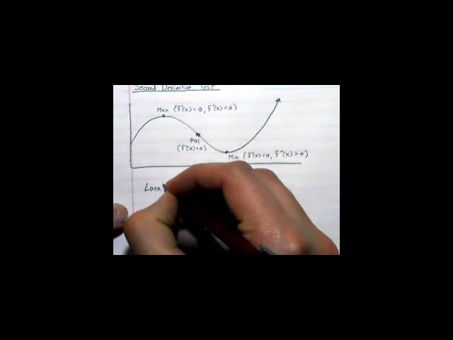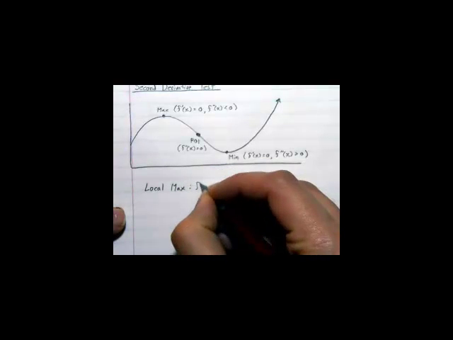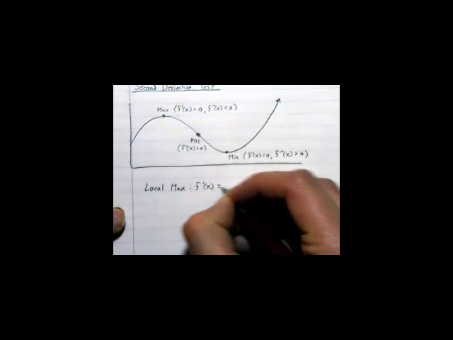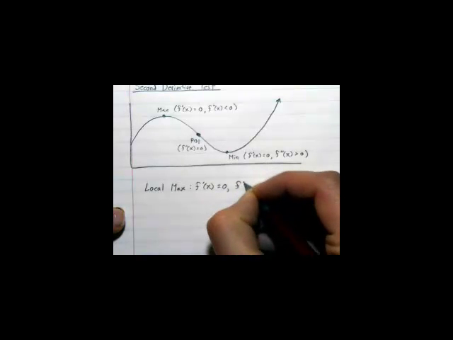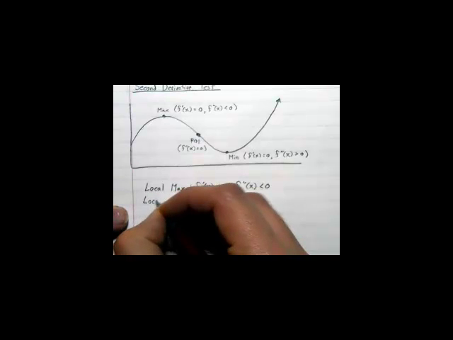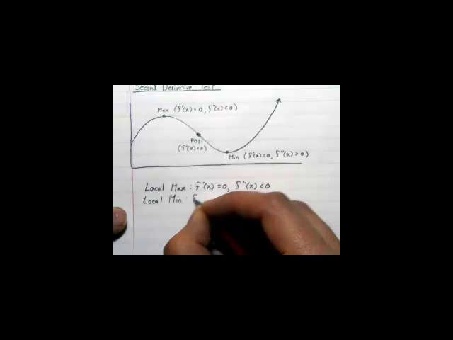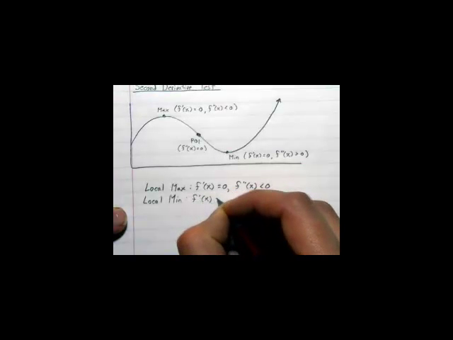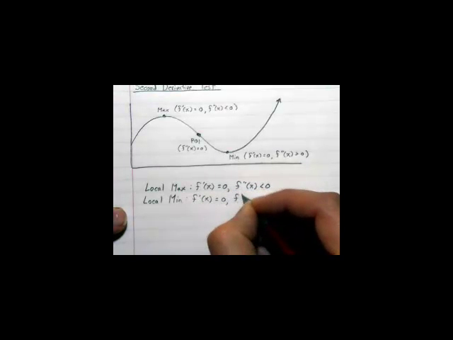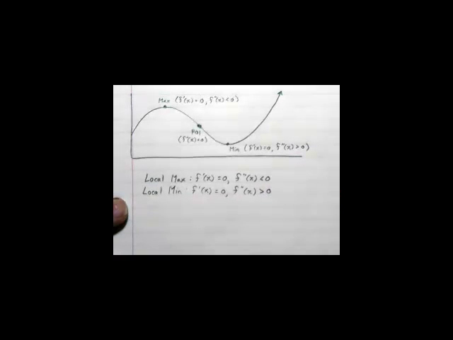So let's just write this down. A local max will have the first derivative equal to 0, second derivative less than 0. Local min: first derivative equal to 0, second derivative greater than 0.